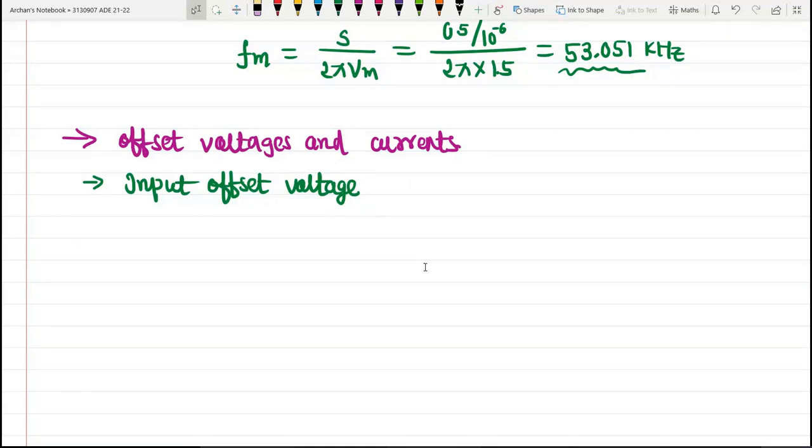This is because of the mismatching present in the internal circuit of the operational amplifier, and such a voltage will cause some error in the practical applications for which our op-amp is used. Okay, so our necessity is to make such a voltage 0. To make such a voltage 0, it is necessary to apply a small difference voltage between the two input terminals of the operational amplifier, and that voltage is known as input offset voltage.